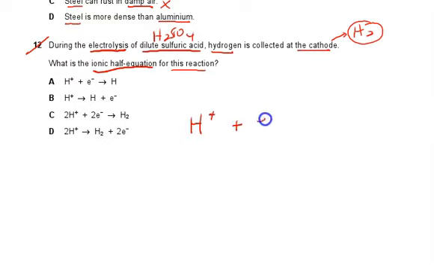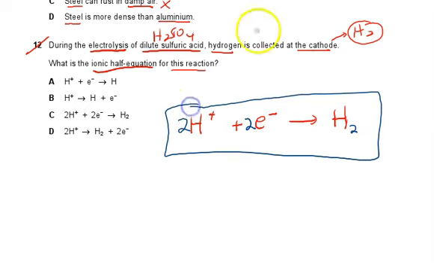It accepts electron at the cathode and it forms a hydrogen atom. Then the hydrogen atom is not stable, so they will combine to form a diatom, which is a stable form of hydrogen. So they have a 2 here and a 2 here to balance it out. So these are the equation.